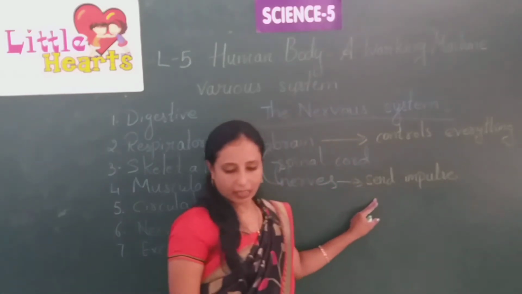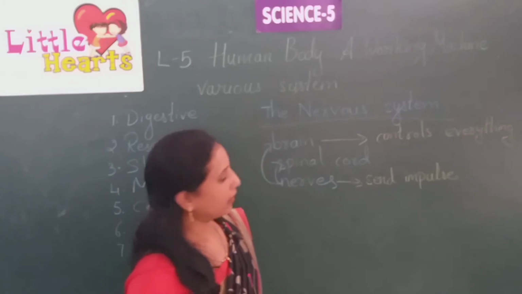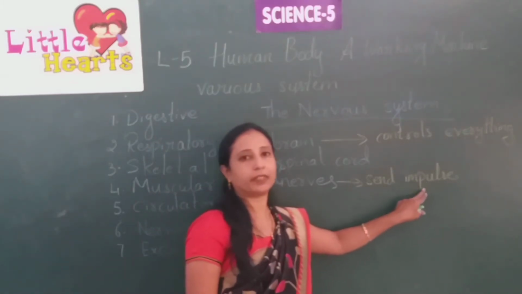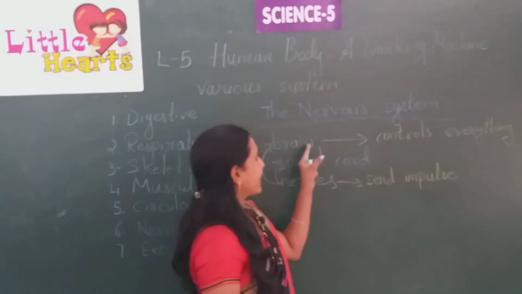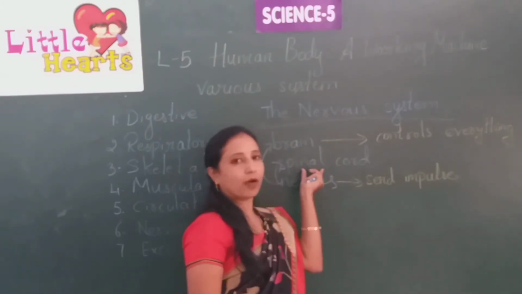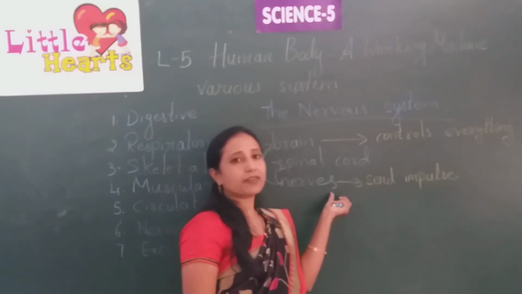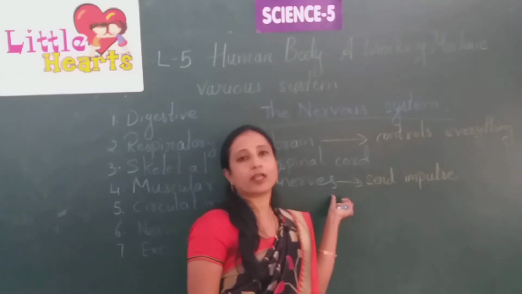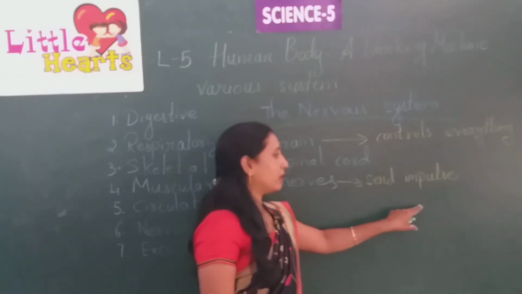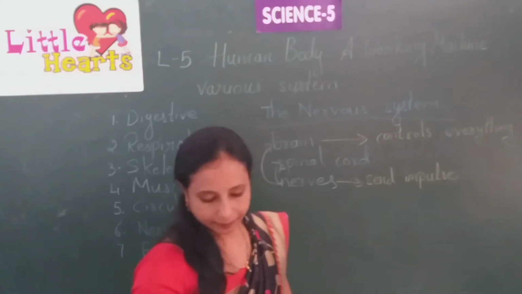It takes the information from the brain and sends it to the spinal cord, and then this information is sent to the nerves. Nerves are spread over all parts of our body, from the tip of the fingers and the brain to the toes also, isn't it?